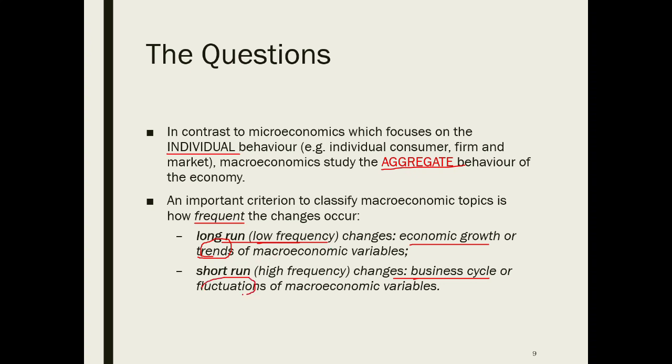Deviations from the trend change much faster, so business cycle is driven by high-frequency factors like energy prices and financial crisis. Therefore, economic growth is more a first-order issue, while business cycle is a second-order issue, because if an economy can grow fast, fluctuations seem less important.